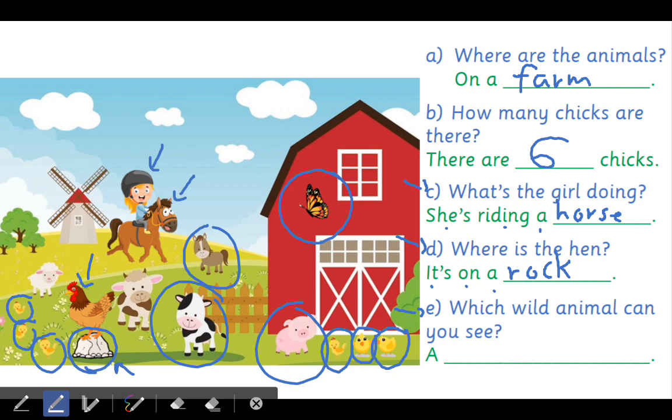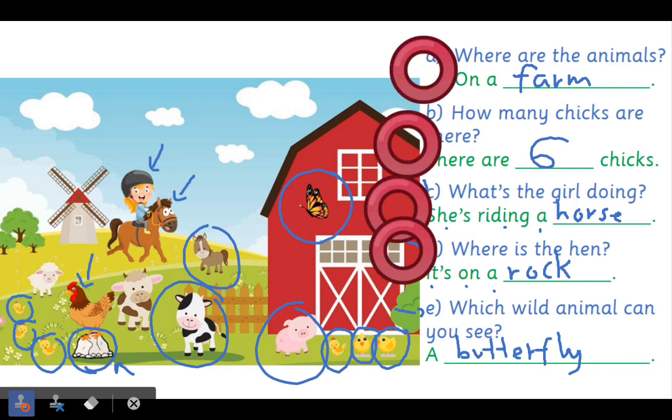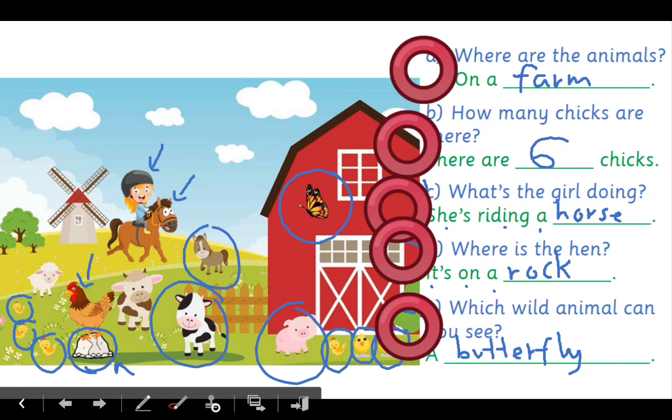Yes, it is. So, butterfly. It's very difficult to write on here. Butterfly. Very good. Look at this. Very good. Well done.